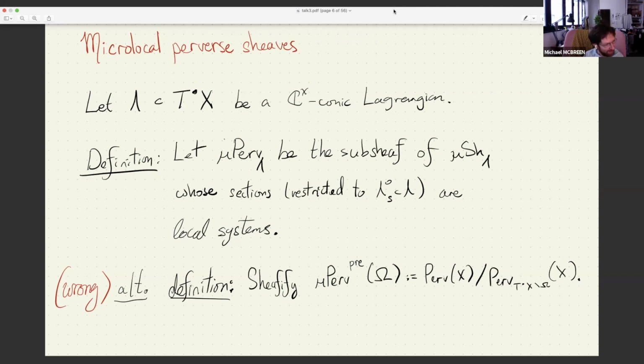I don't know that we found an explicit counterexample, but there's a map from the second definition to the first one. So a microperverse sheaf in the alternative sense defines a microperverse sheaf in the usual sense. And the worry is that not all microperverse sheaves are in the image of this map. So not all microperverse sheaves can be obtained by starting with a perverse sheaf and then quotienting by some stuff.